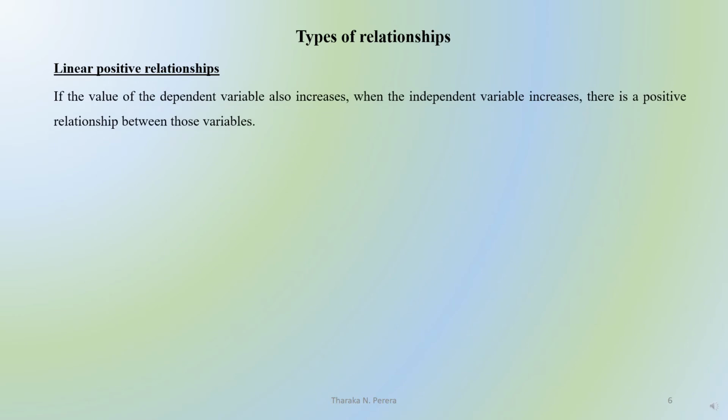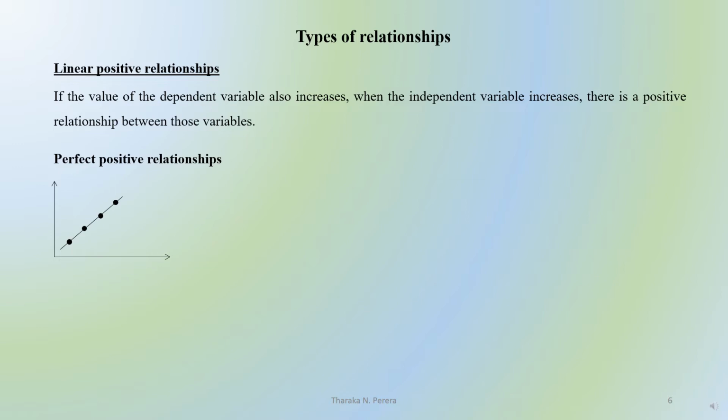If the values of the dependent variable increase when the independent variable increases, or decrease when the independent variable decreases, there is a positive relationship between those two variables. In such a situation, all the points in the scatter diagram may fall on or closer to a straight line rising from left to right.